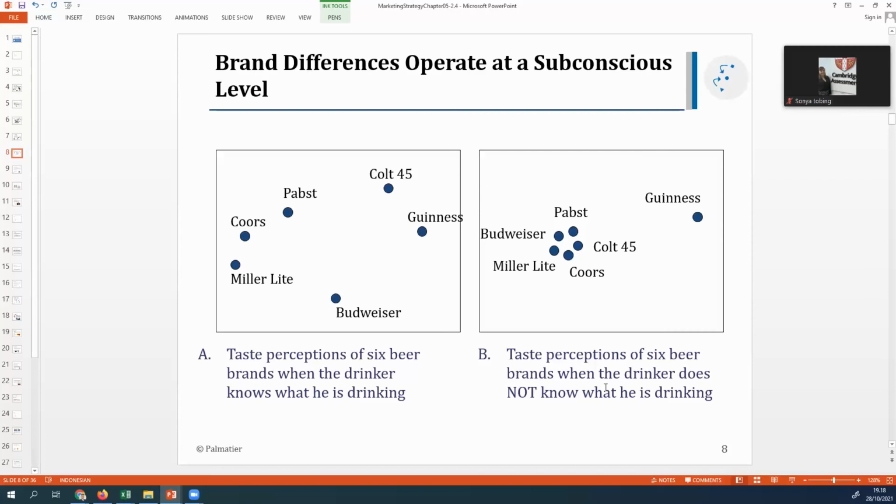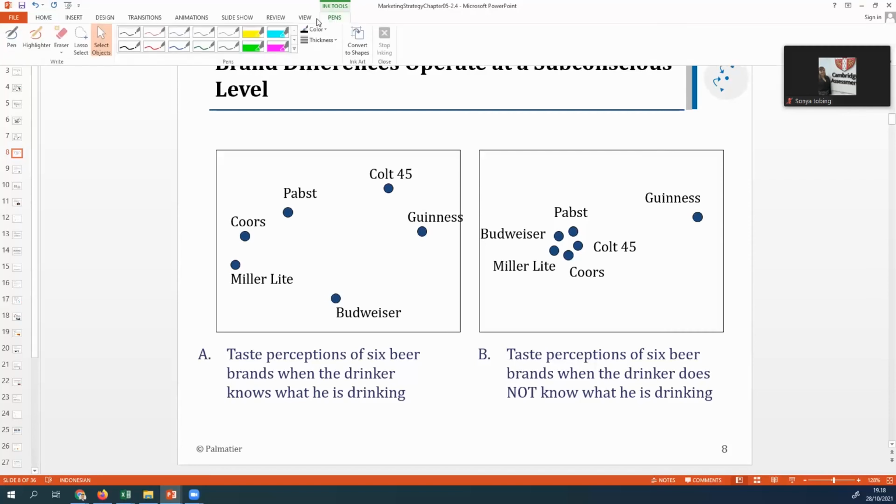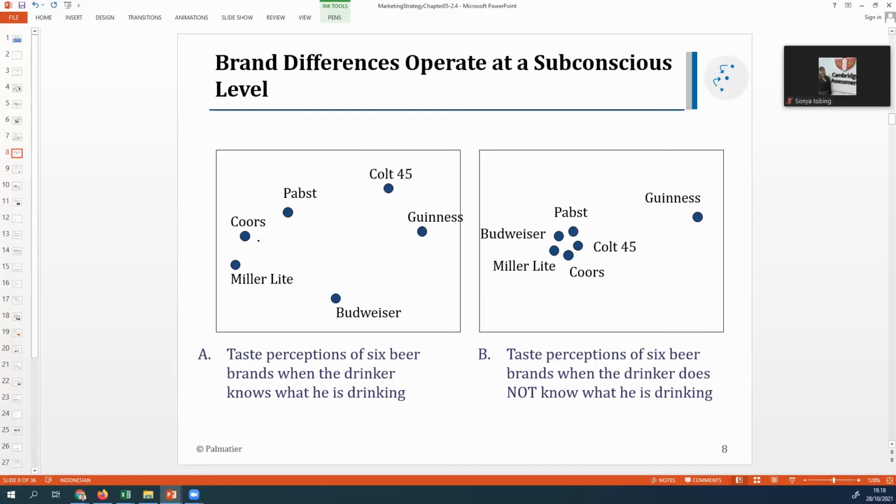Another example is the beer products here, Guinness, Budweiser. When people taste the beer and know the label, let's say this is Y, this is X, around the flavor, X1, Y1. When they already know the brand, the coordinates of the products will be scattered like this.